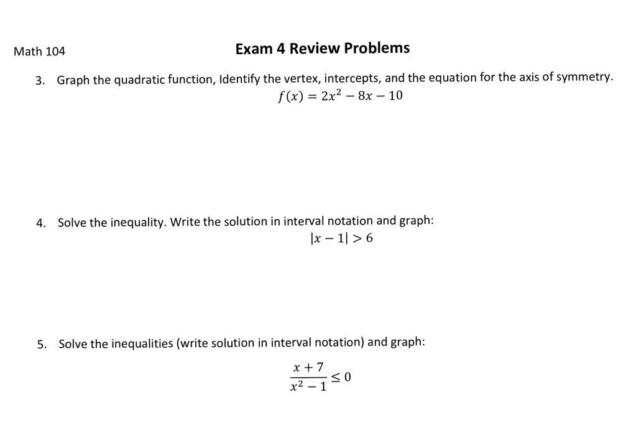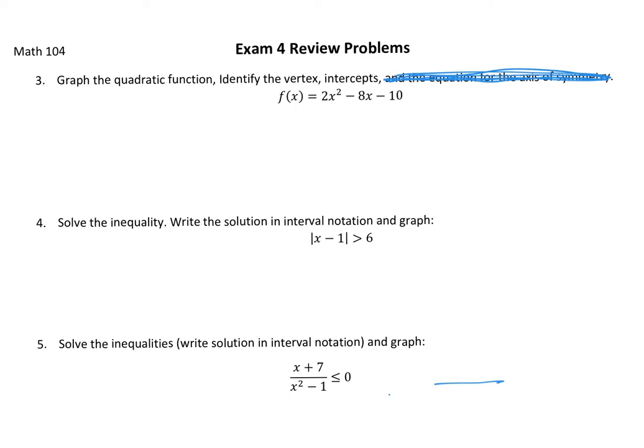Okay, question 3. We're only on question 3, yikes. It has us graph the quadratic function by identifying the vertex and the intercepts. And we actually don't have to worry about the equation of the axis of symmetry. That is for college algebra. So we're just going to find the vertex and the intercepts. Let's start with the vertex here.